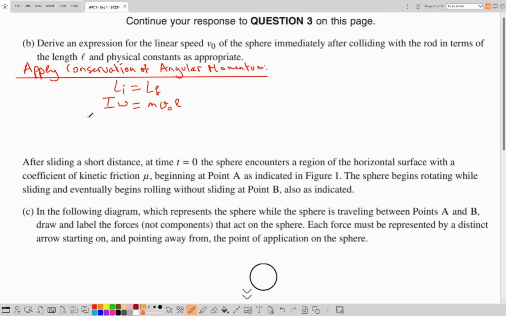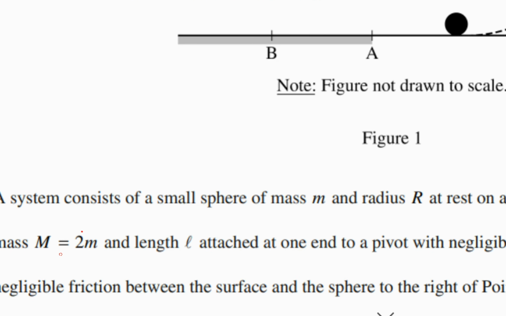Now I is given by 1/3 capital M L squared, and omega is given by the square root of 3g divided by L, equals m v0 L. Now capital M is related to small m by a factor of 2.